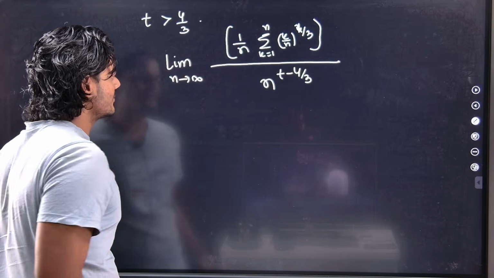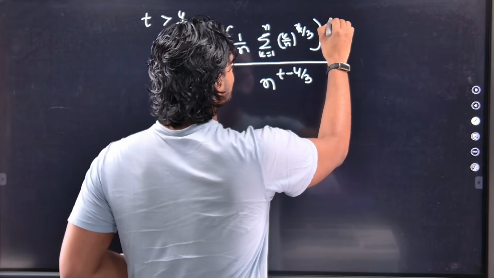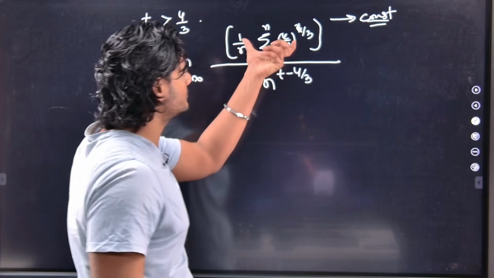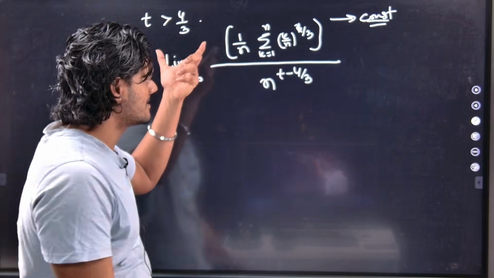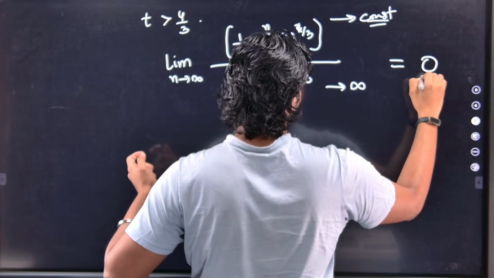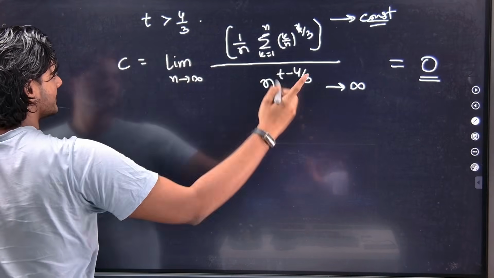The sum tends to some constant, the integral, but the denominator tends to infinity. So overall this will be 0. So if t is greater than 4 by 3, c is 0.